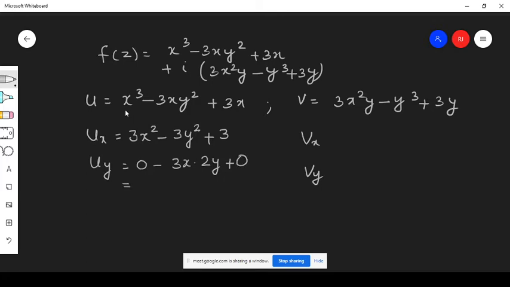So minus 3x into 2y is minus 6xy. That is about ux and uy.